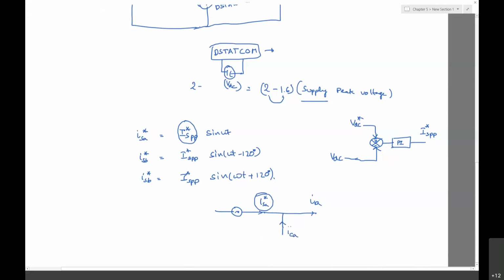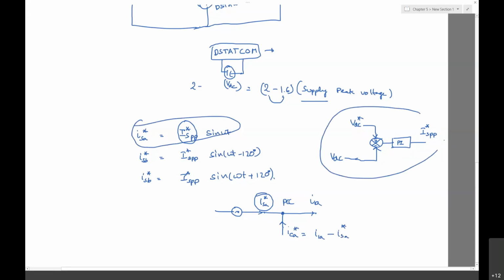We can apply KCL at this node, the point of common coupling: ICA star is equal to ILA minus ISA star. The reference source current is fixed by this particular control algorithm.